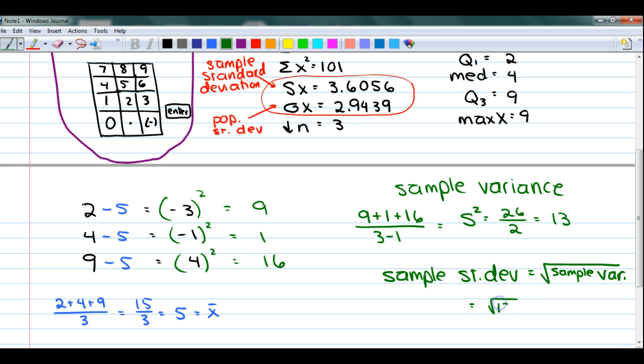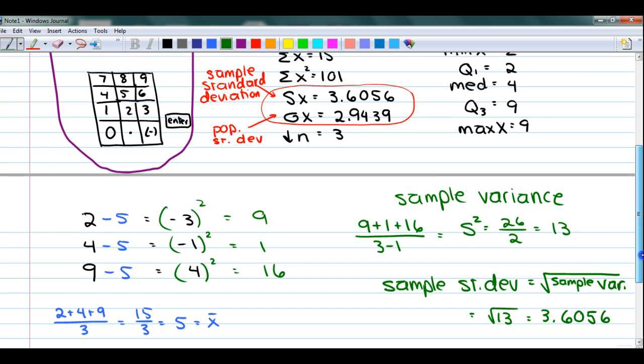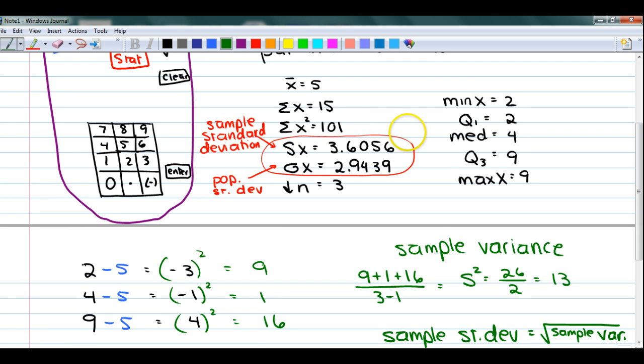So the square root of 13, that's 3.60555. I would round to 56, and sure enough, that's exactly what our calculator told us it was.